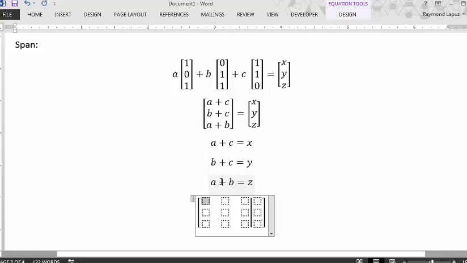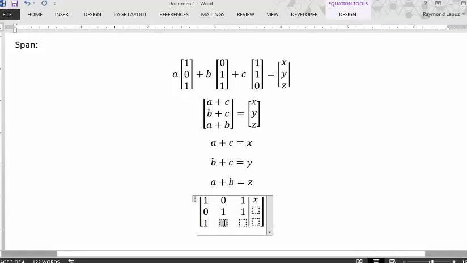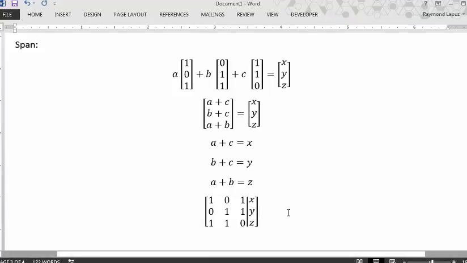My coefficient for a is 1, my coefficient for b is 0, and my coefficient for c is 1. And then this is supposed to be my x. And then I have a 0, b times 1, c times 1, and then a 1 times a, 0 times b, and then a 0. Alright, so this is now my system. It's become an augmented matrix.